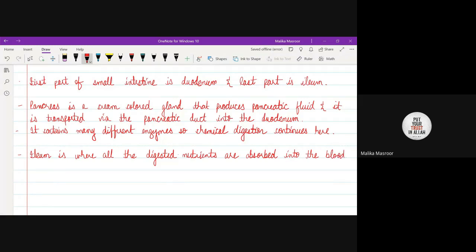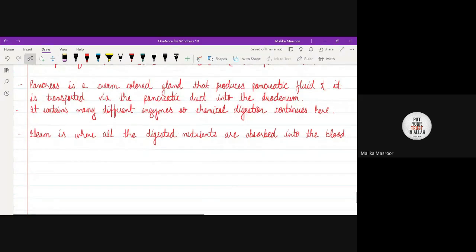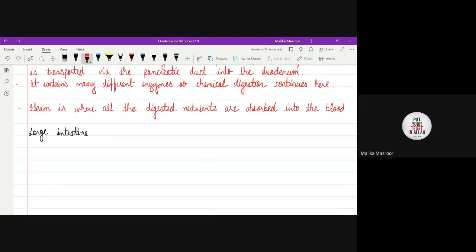Then I have the large intestine. According to our syllabus as of now, the large intestine contains the colon and rectum. Some places also include the cecum, but as of now, you can remember that it's only made up of colon and rectum. So it's the final part of your alimentary canal. I mean, we take it in the anus, but okay, fine.